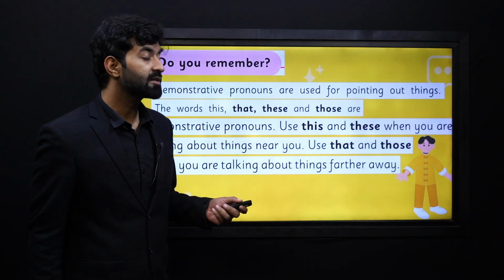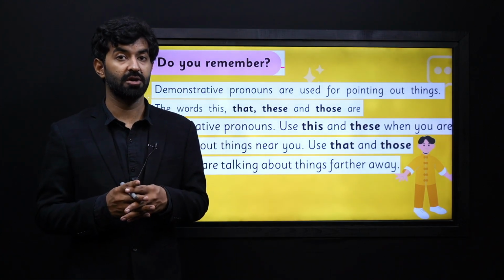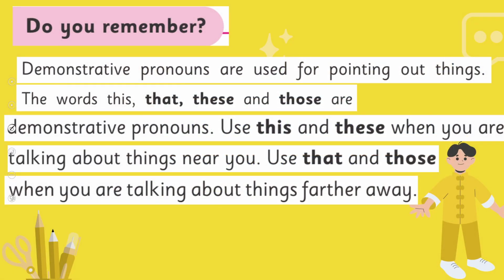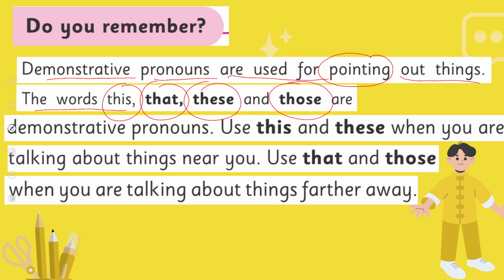Now, let's read the definition and try to understand it. Demonstrative pronouns are used for pointing out things. We point out things by using these demonstrative pronouns. The words this, that, these, and those are demonstrative pronouns. We use this and these when you are talking about things near you.